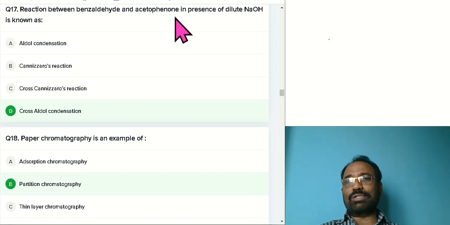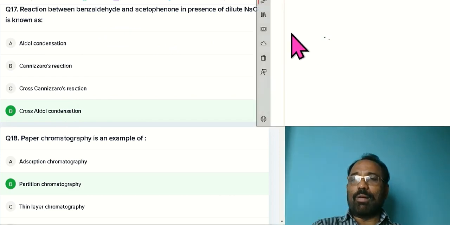Therefore, this reaction undergoes condensation between two different molecules. It is a good example of cross-aldol condensation. If condensation takes place between similar molecules, it is called simple aldol condensation. Therefore, the right answer is D.